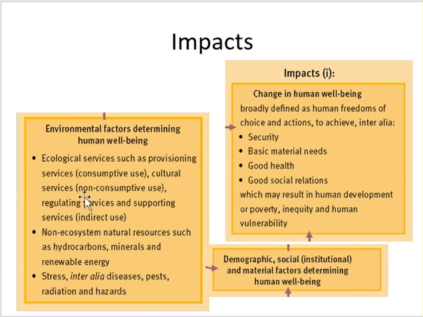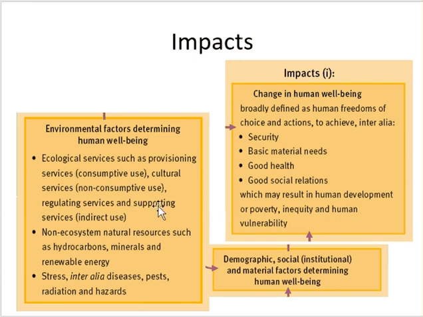So communities, if ecosystem services are compromised, will impact on demographic, social, and material factors which humans need, which will impact on human well-being. Okay? So really, it's not directly from ecosystem services to changes in human well-being.